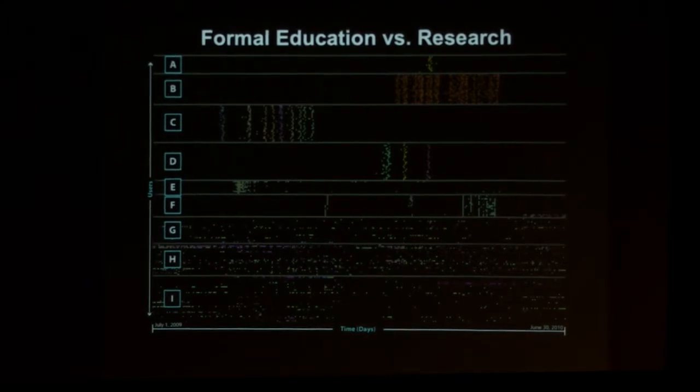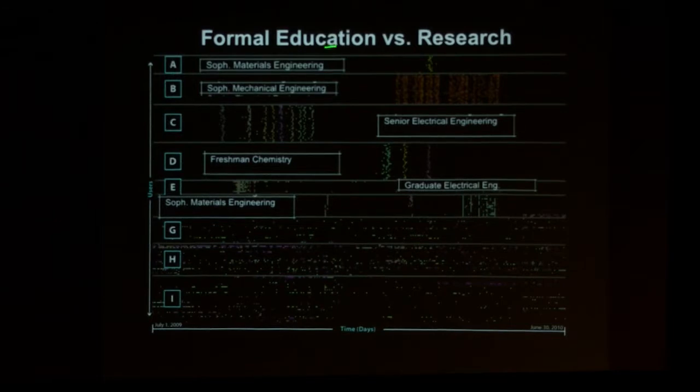Now, which science gateway do you know that can tell you that classes have actually utilized their site? We can actually quantitatively identify the classroom size, in this case, sophomores in materials engineering, mechanical engineering, electrical engineering, freshmen in chemistry. So they have certain patterns that indicate classroom type behavior.